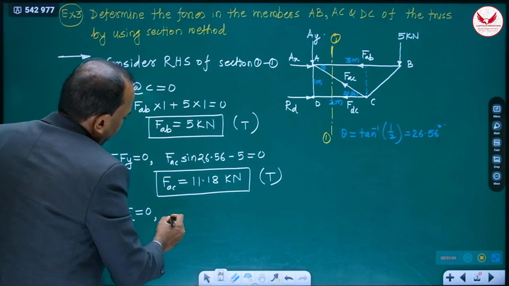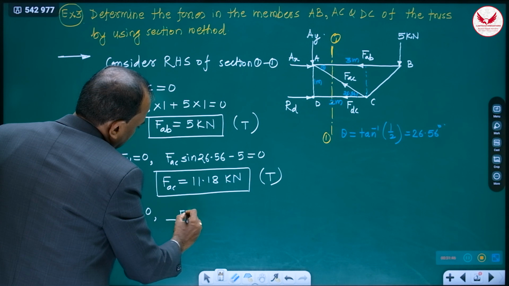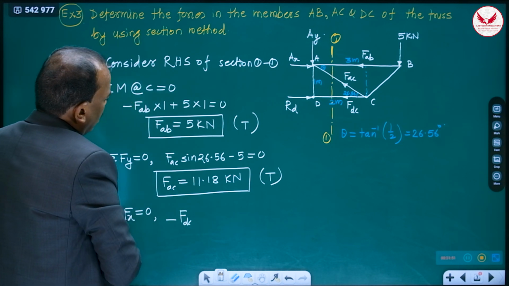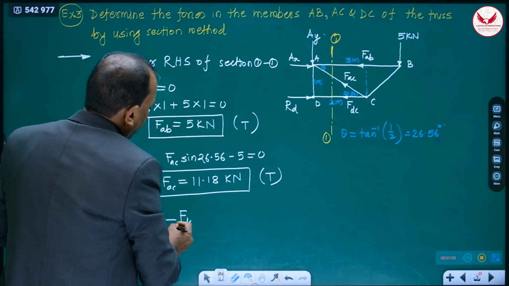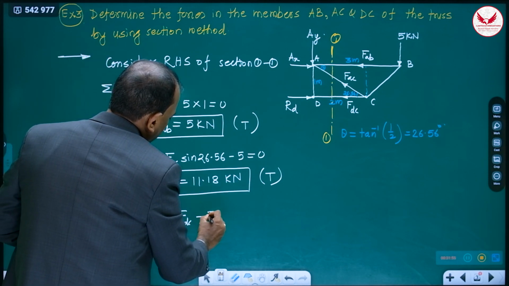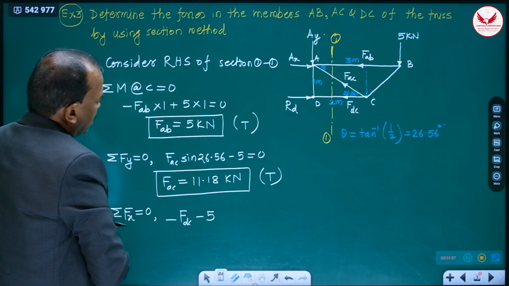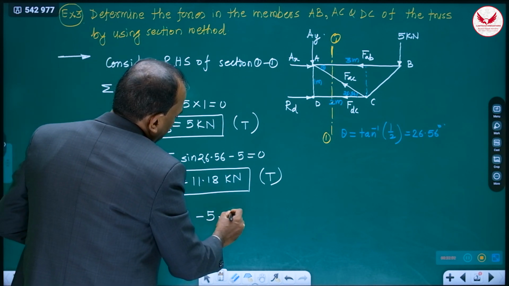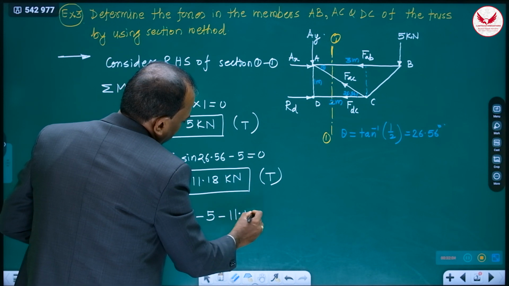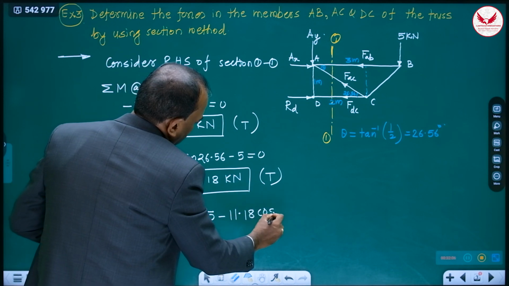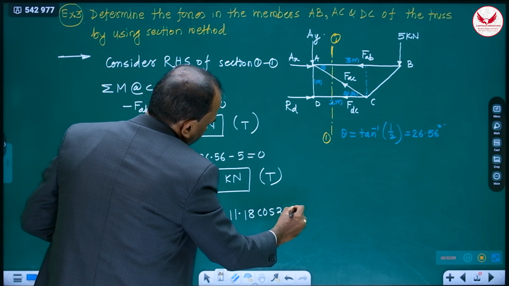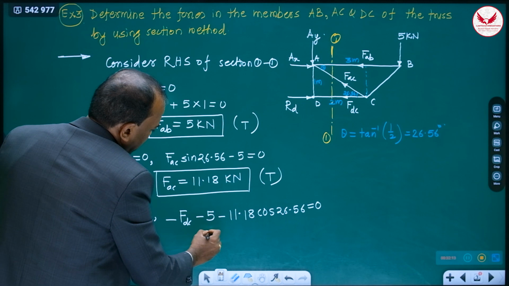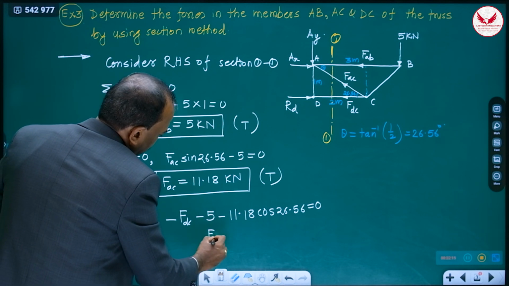Then for summation Fx: minus FDC, minus FAB, which is 5, minus AC, which is 11.18, minus 11.18 cos 26.56, is equal to 0. All the terms are minus, which means definitely this answer is going to be negative.